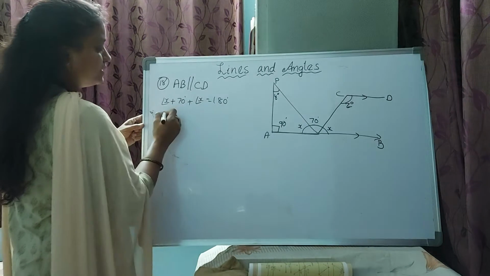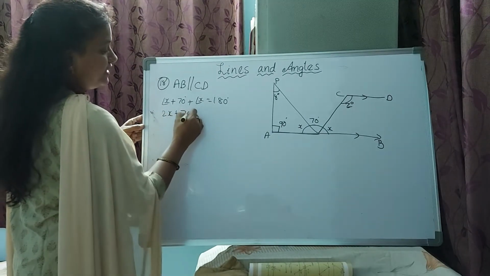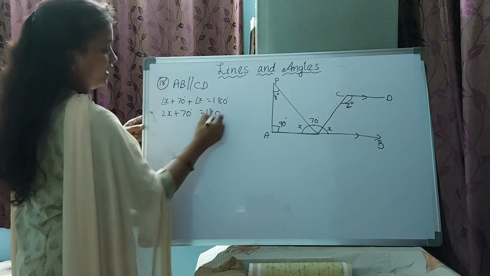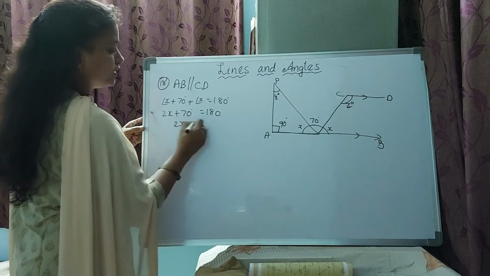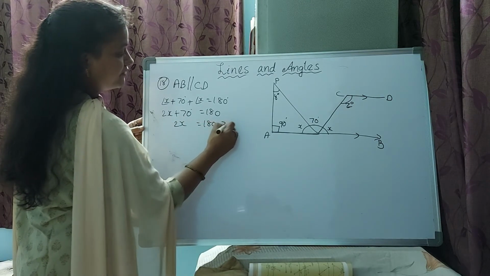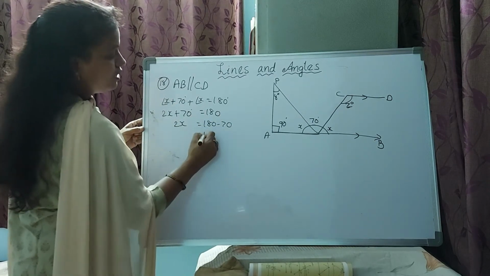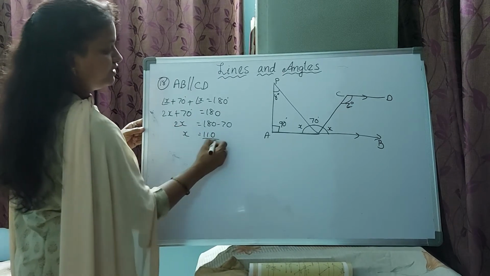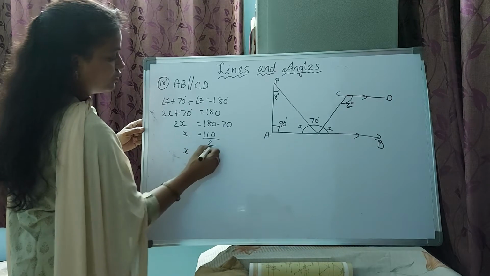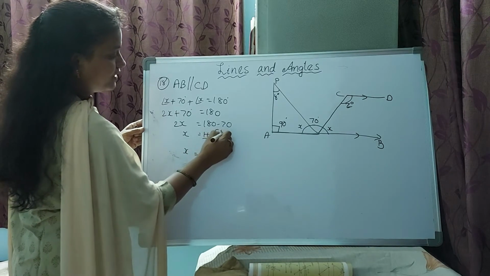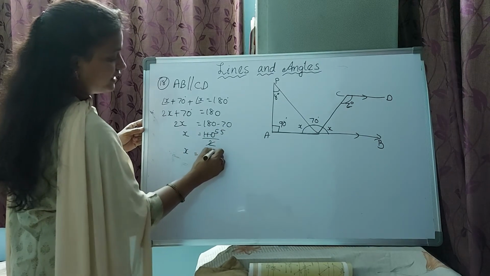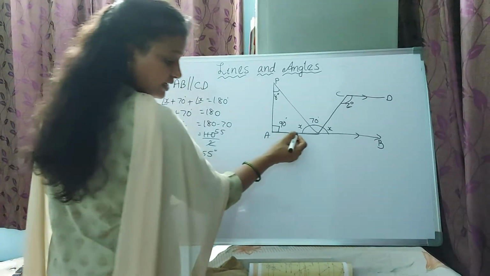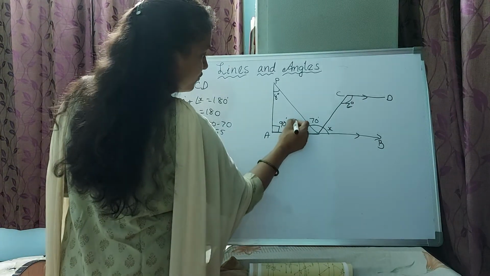So 2x plus 70 degrees is equal to 180. So 2x is equal to 180 minus 70, if you transpose, 110. So x is equal to, here it is multiplying, if it divides, 2 fives are 10, 55 degrees. X we got, that is 55 degrees.